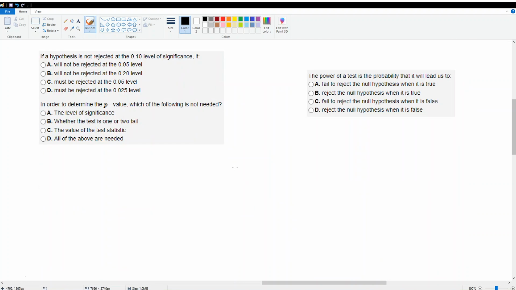So here, I got a couple of practice ones here. I'll give you a minute to work on these. As a note, our p-value comes from our statistics.